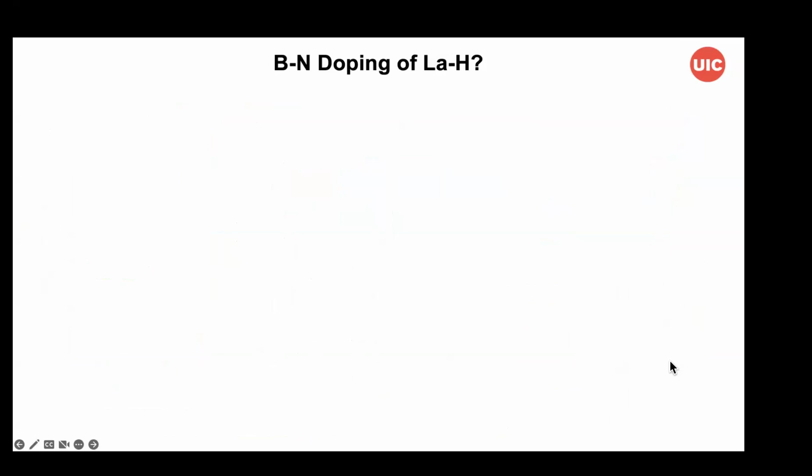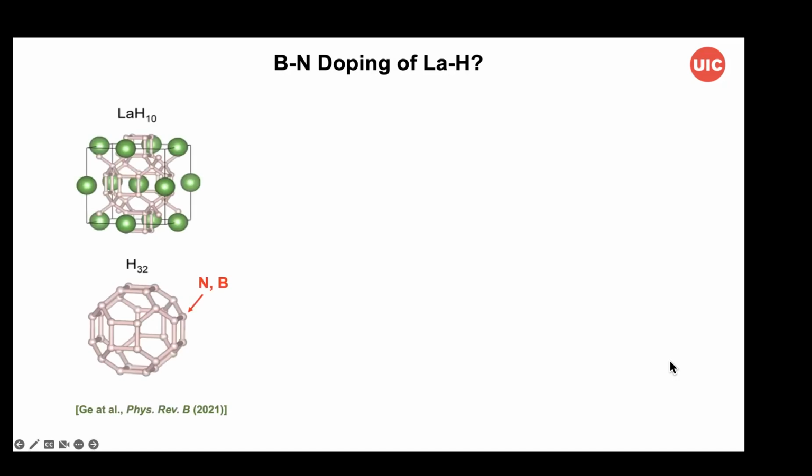So this idea that perhaps there is some role of the ammonia borane in the system and somehow responsible for the variable TC led to some calculations conducted that were very similar to the work that was done on CSH, where he asked the question of whether one has boron or nitrogen doping in the system, and how could this affect the TC?